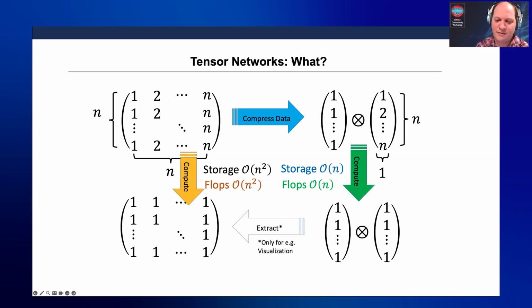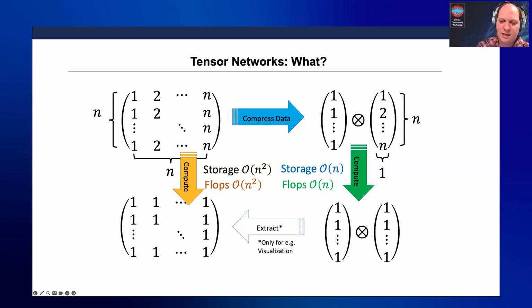We don't even need the full gradient grid unless we want to visualize it, or maybe we only need pieces of it. So if we can keep everything in the form on the right-hand side of the page, with low storage and low flops, this could be part of the solution to getting those extra orders of magnitude of effective compute.